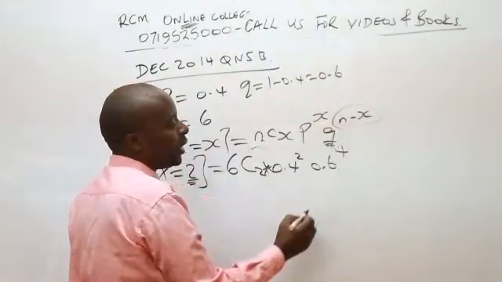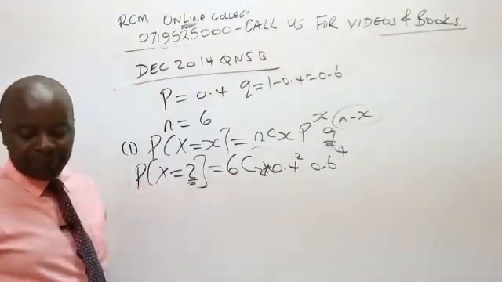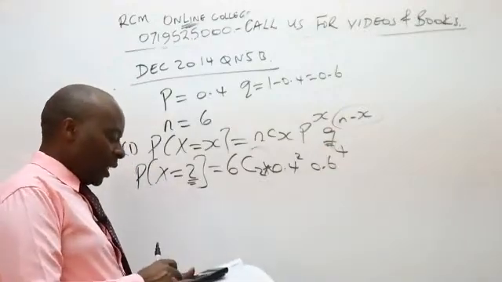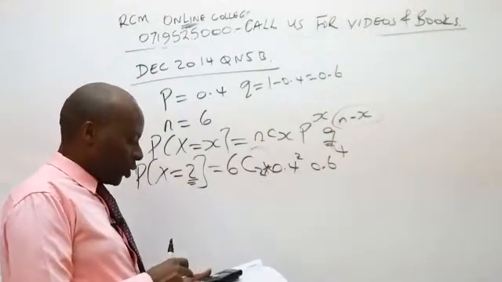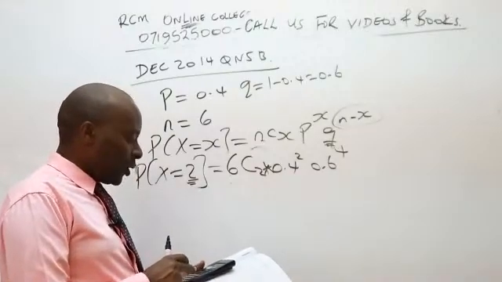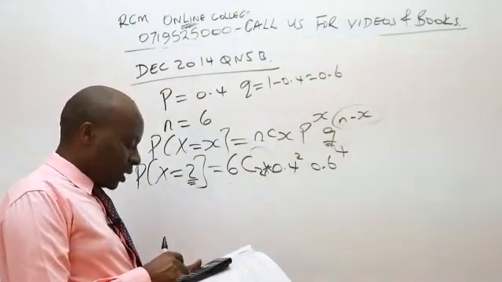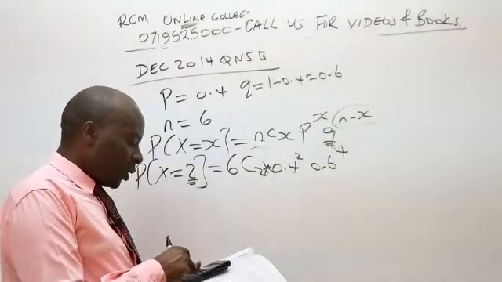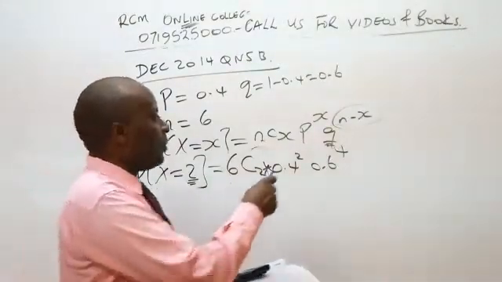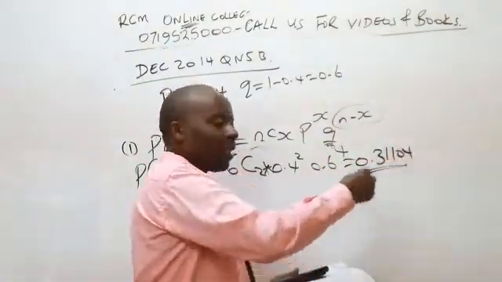The balancing power here will be 4, given that the two must add up to 6. So we have 6 combinations 2 times 0.4 raised to power 2 times 0.6 raised to power 4. At the end of the day this gives me 0.31104. That is the answer.